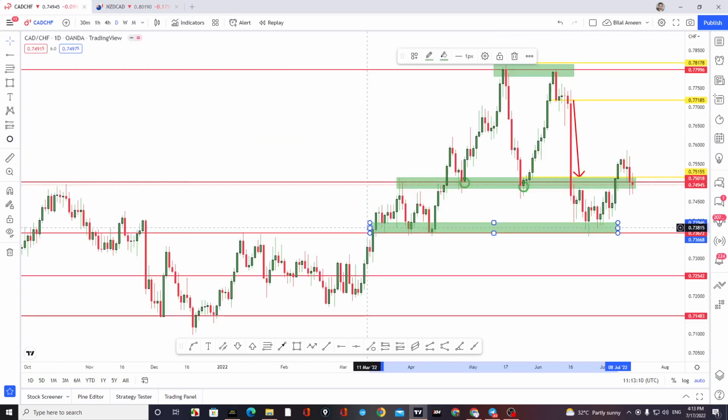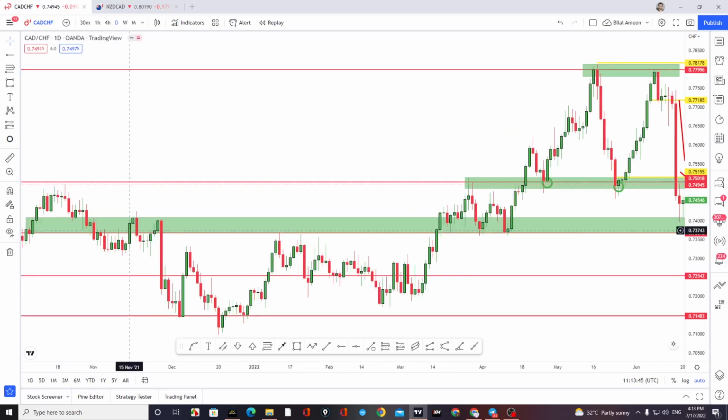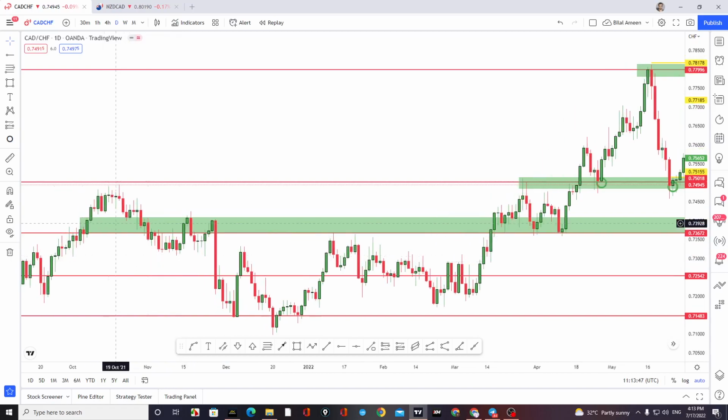Now we can draw more demand and supply zones. As we can see here, the zone works as a supply, because the market comes here and sells, and we can easily take a trade at this point.